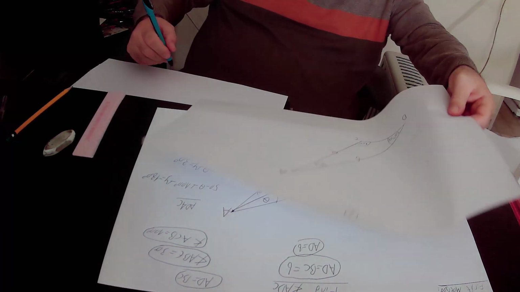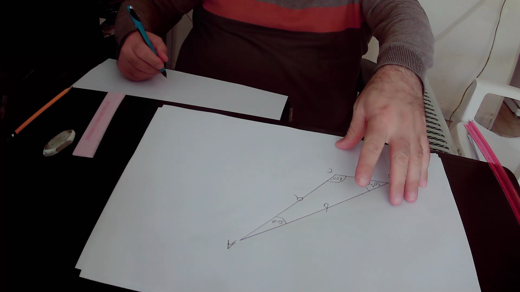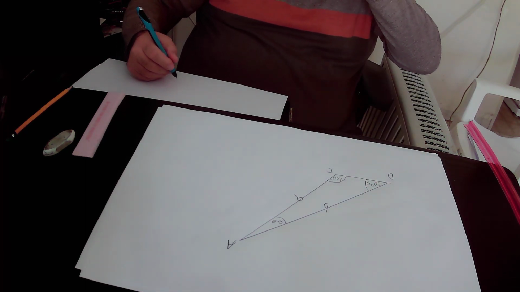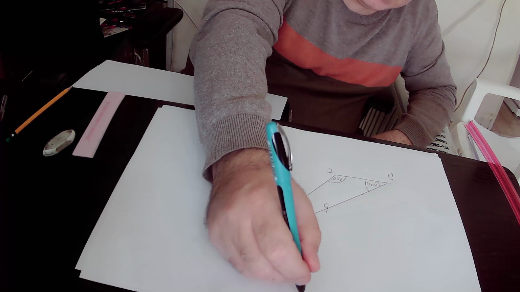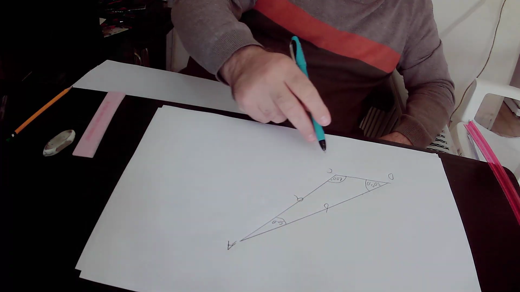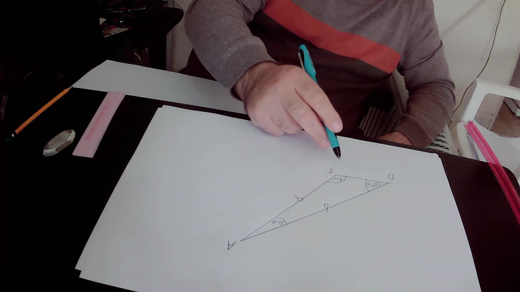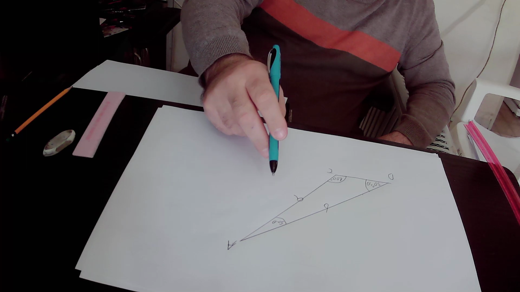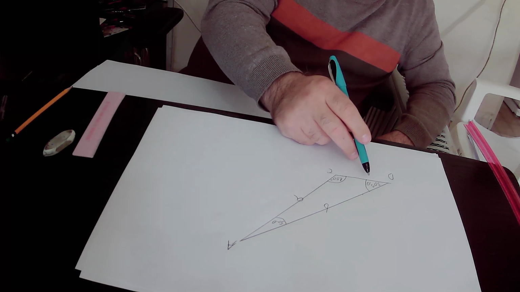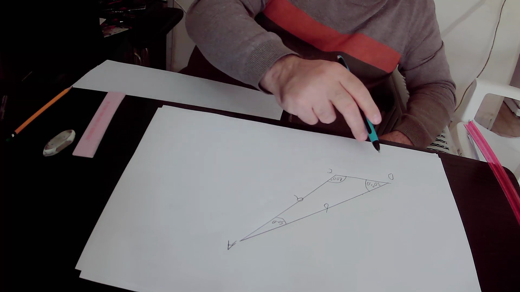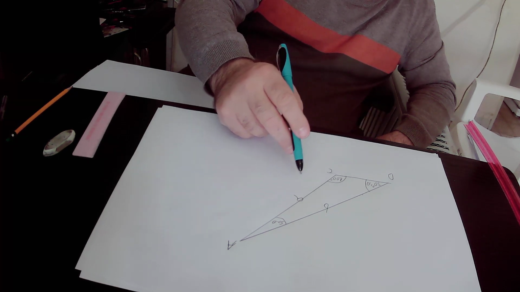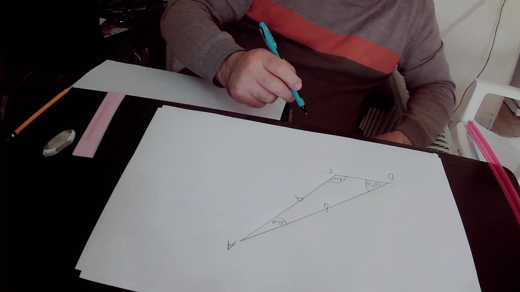So I copied triangle ADC in this page from the original drawing. Angle ACD equals 100 degrees. Angle ADC, the angle that we are looking for, equals 30 degrees plus theta, and angle DAC equals 50 degrees minus theta.